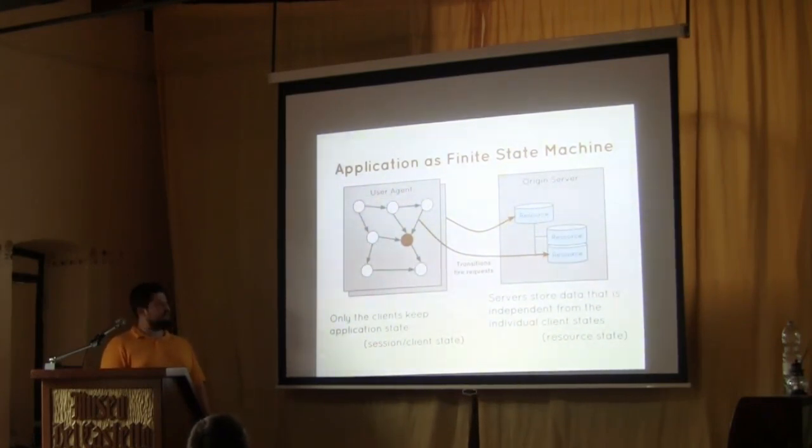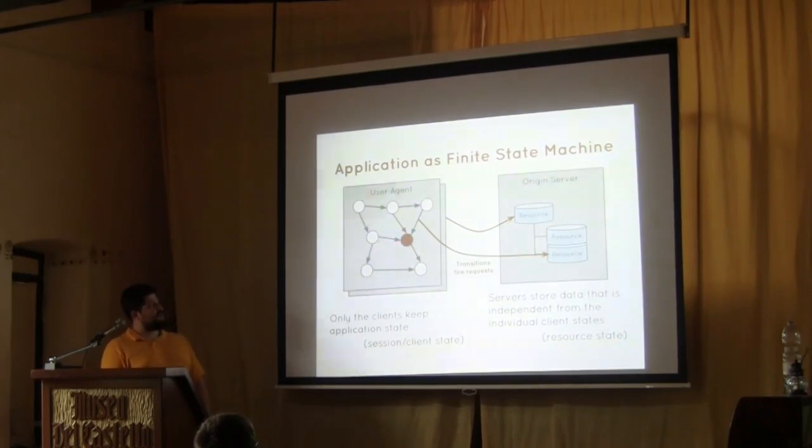That's the one that should be independent from these requests. So the servers, they don't care about this. They just receive a request. For instance, if you change from this state to this state, you will send a request, get a response back, and it doesn't matter. So the server doesn't care where you have been. It just cares about this request and to answer this request.